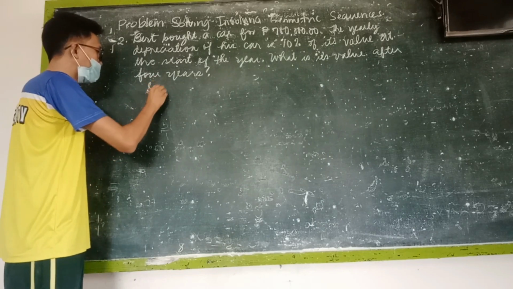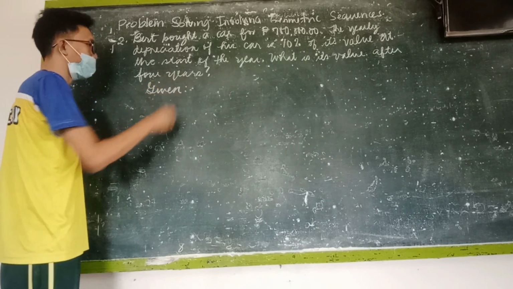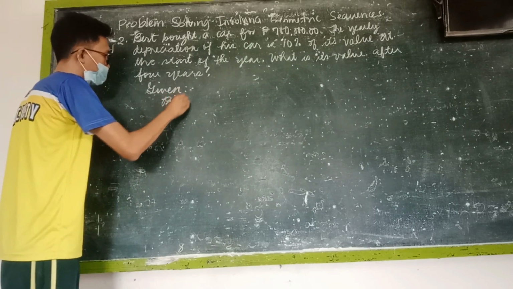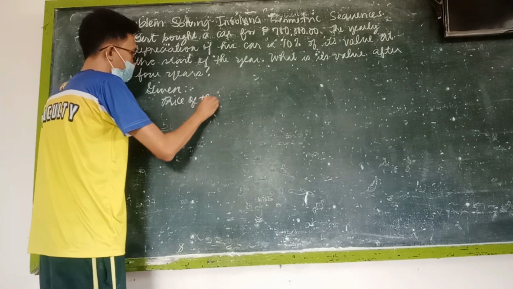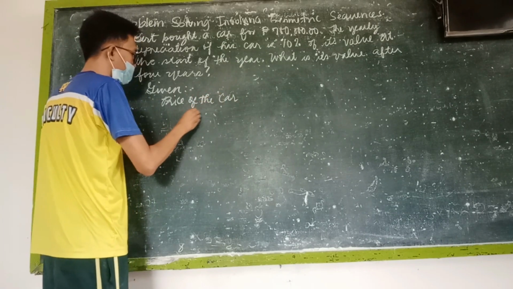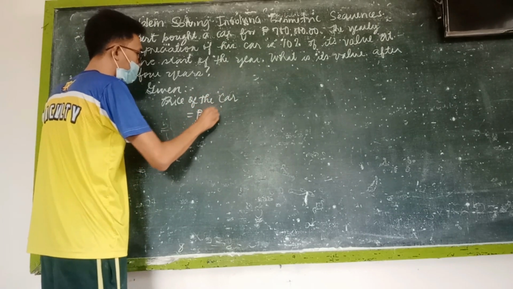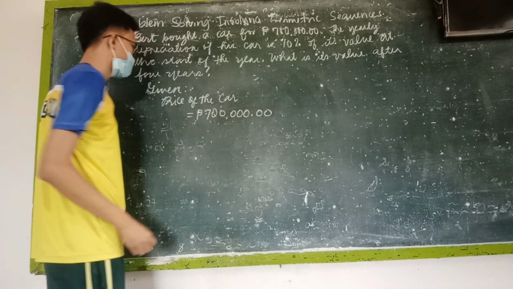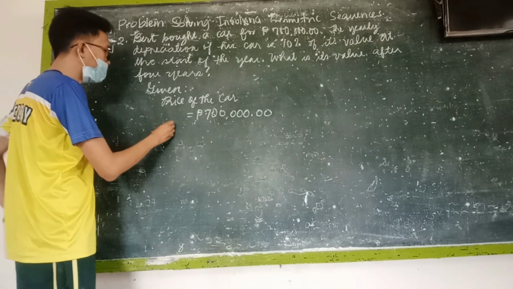So, ang una natin talagang ibibigay ang given. The given is the price of the car. This is worth 700,000 pesos. Then, ang year, ang amount.